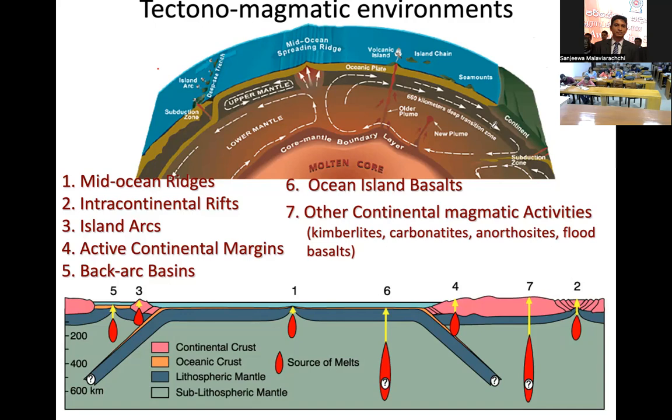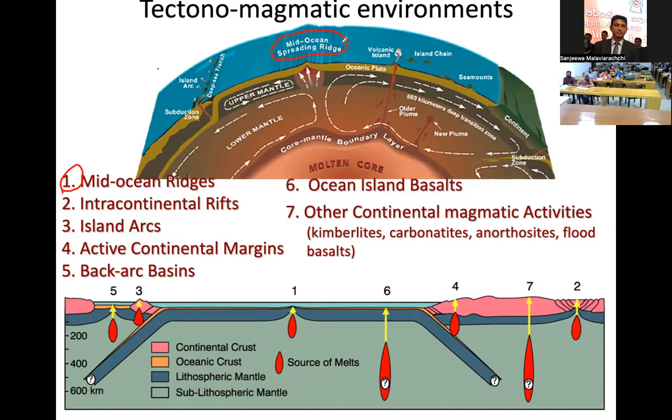As this diagram shows, you can see clearly number one, this is a mid-ocean ridge, right? You know mid-ocean ridges. This is again what you can call a spreading ridge. These terminologies are very important, but these are very introductory.